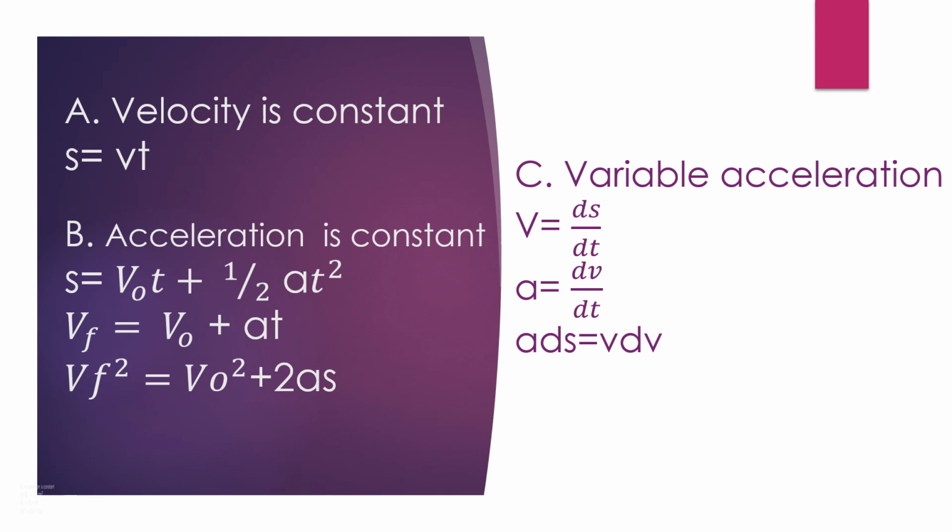We also have variable acceleration, where v = ds/dt, a = dv/dt, and a ds = v dv. We can use this variable acceleration to derive our formulas from uniform acceleration.